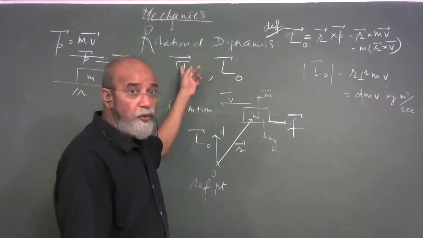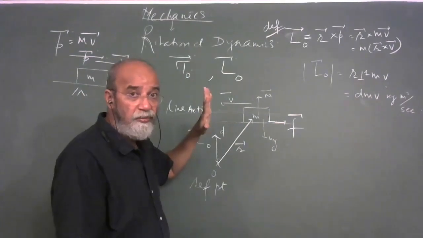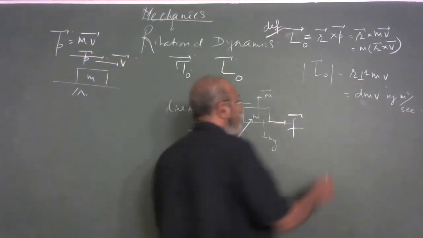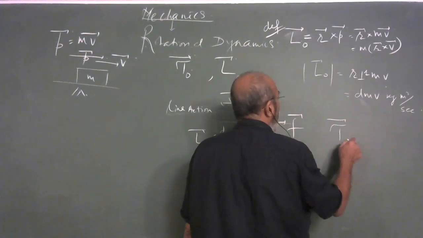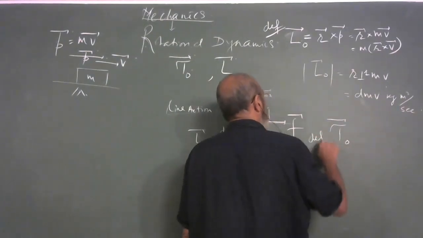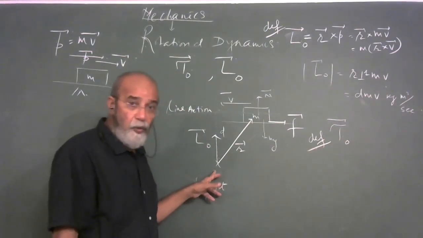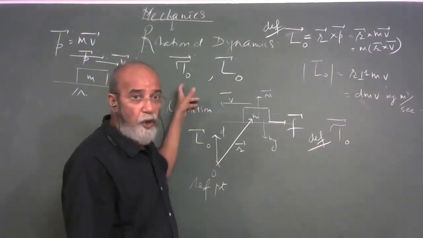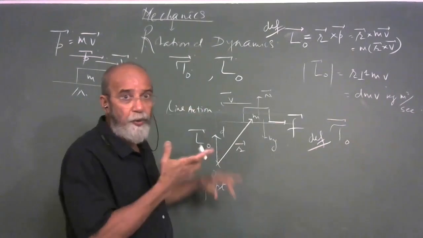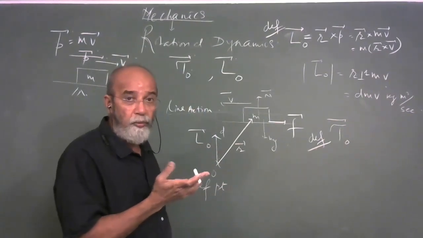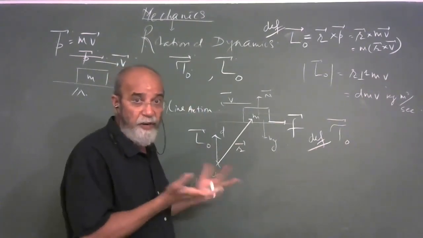Let us find out torque. Definition: if you have found L about O, and if you want a relationship between L and torque, you better find torque about O. Common sense. Same reference you have to use.